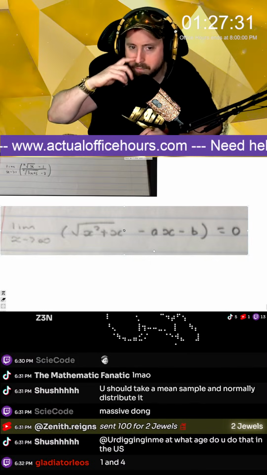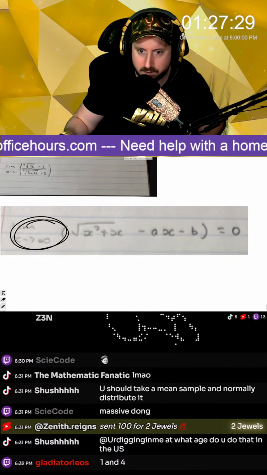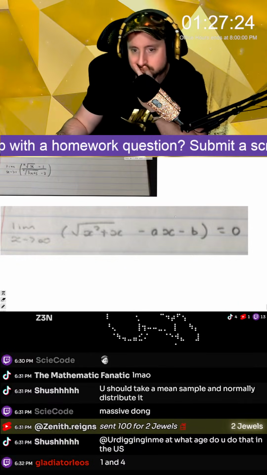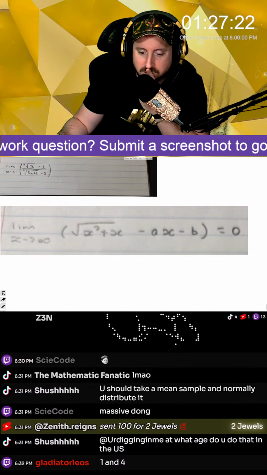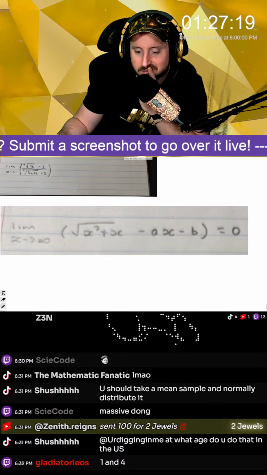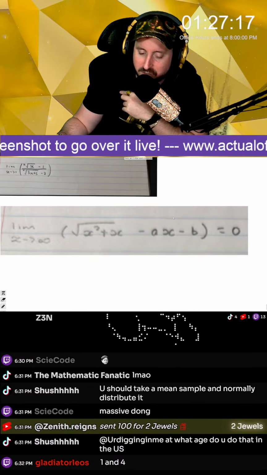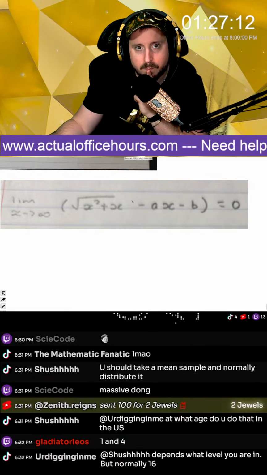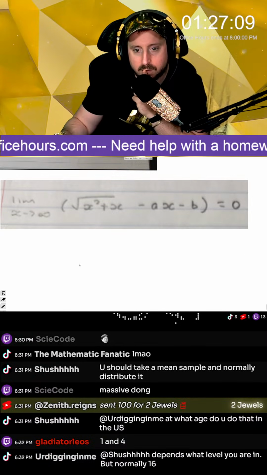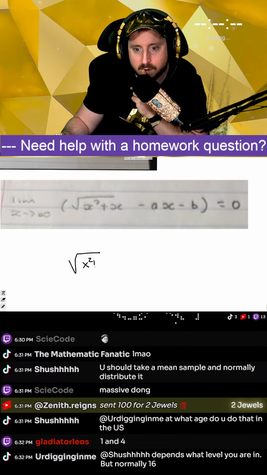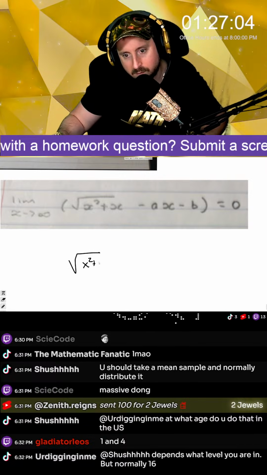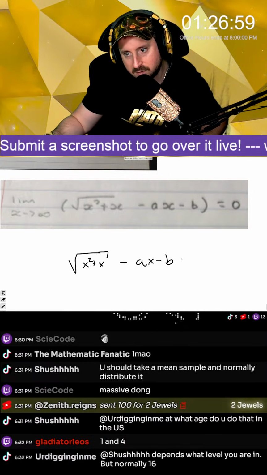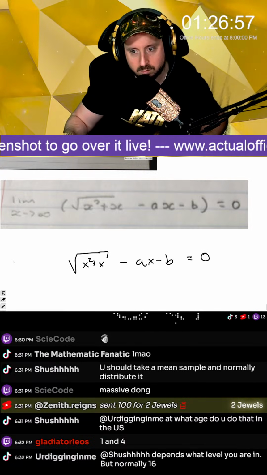Okay. I need the limit as x approaches infinity of this whole thing to be equal to 0. Ooh, interesting. I think I have to do like some completing the square stuff. You know? Maybe? Alright. Square root of x squared plus x minus ax minus b is equal to 0.